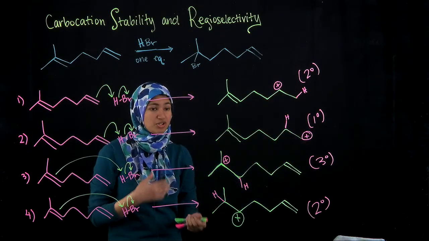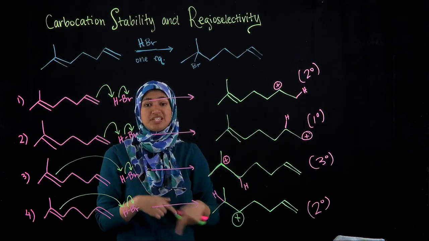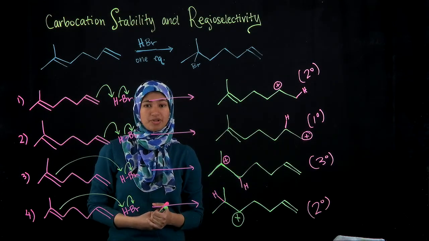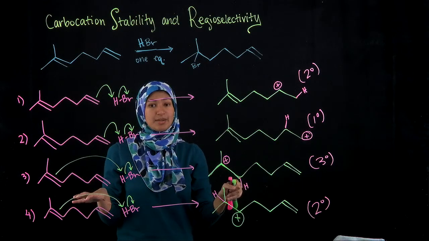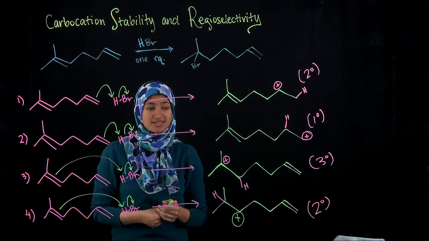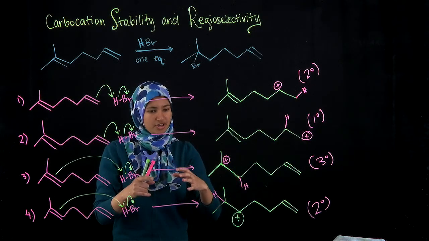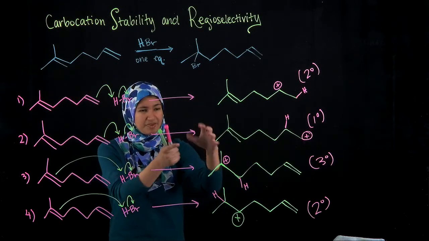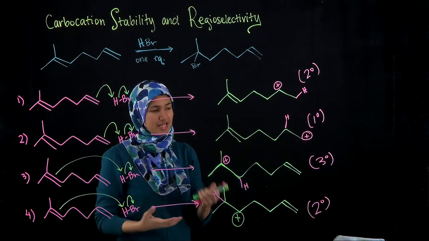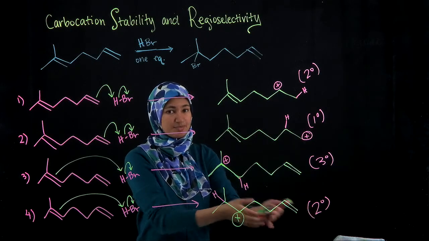And that is because when you have this carbocation, you have this empty p orbital. And that empty p orbital can be stabilized by neighboring alkyl groups, neighboring CC or CH bonds, which can kind of share their electron density with the empty p orbital and stabilize it more than something that's less substituted.